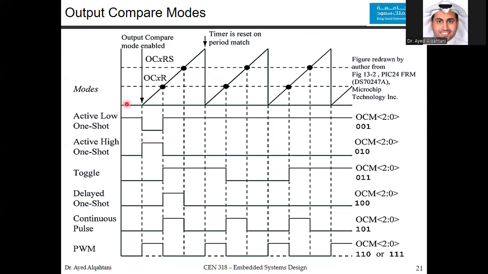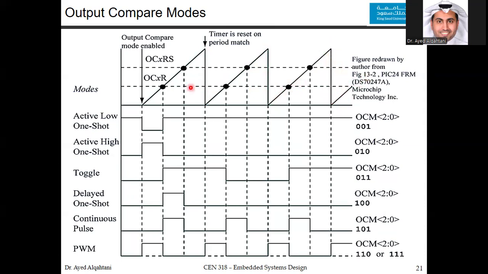The timer starts counting all the way to the rollover time, or when the timer is reset, and then it goes back again and counts until you reach PR2 or PR3, the period register.